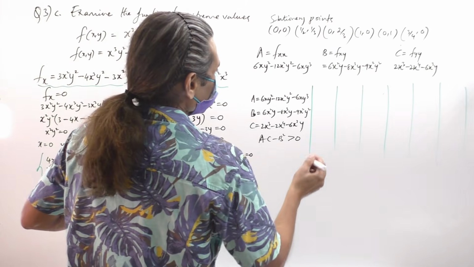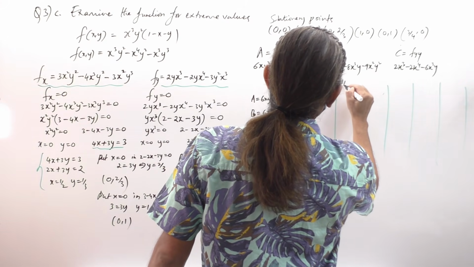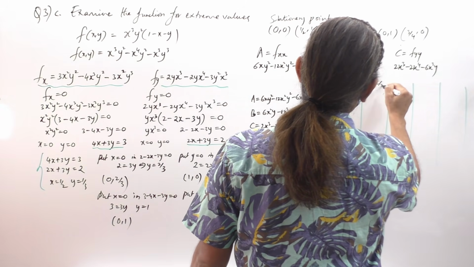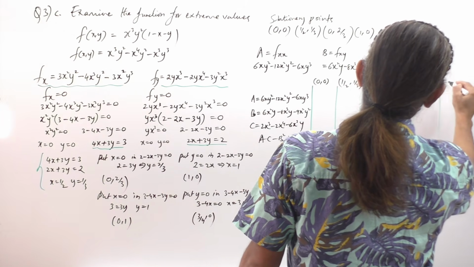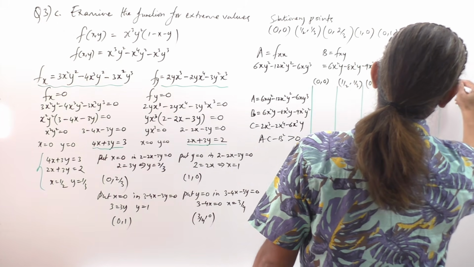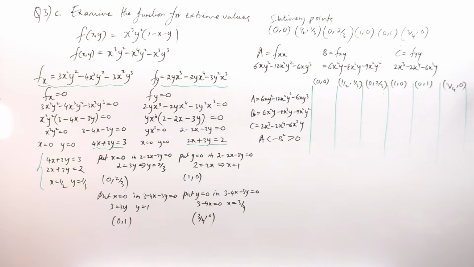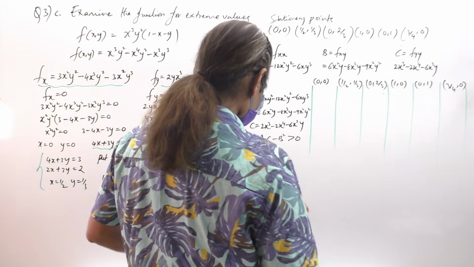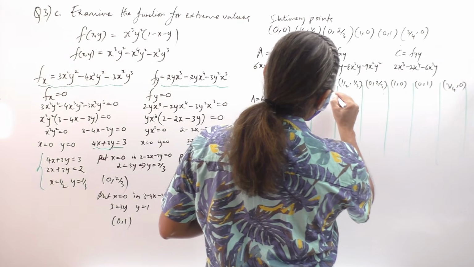The points here are (0, 0), (1/2, 1/3), (0, 2/3), (1, 0), (0, 1) and (3/4, 0). These are all the points here. Now for these points, let's check the values of A, B, C and check the condition.